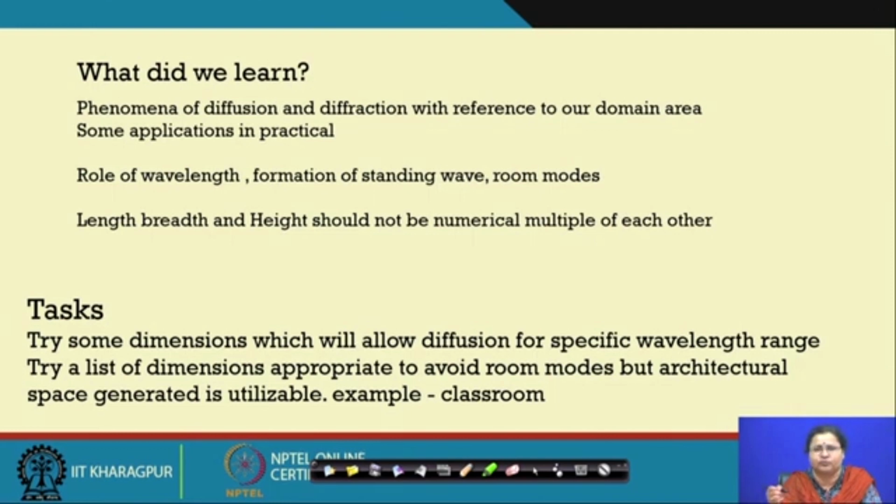Say for a classroom, what should be the proportion? We are having the height which is a constraint for us. So, if you are designing a classroom, you know the height, but you can change the width and the length proportion to avoid such standing waves.